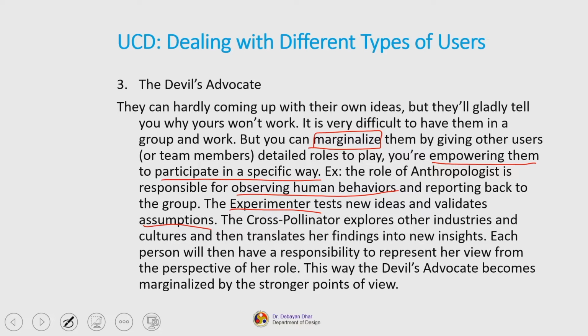And the cross pollinator explores other industries and cultures and translates her findings into new insights. So, each person will then have a responsibility to represent her view from the perspective of their role. This way, the devil's advocate becomes marginalized by the stronger points of view.